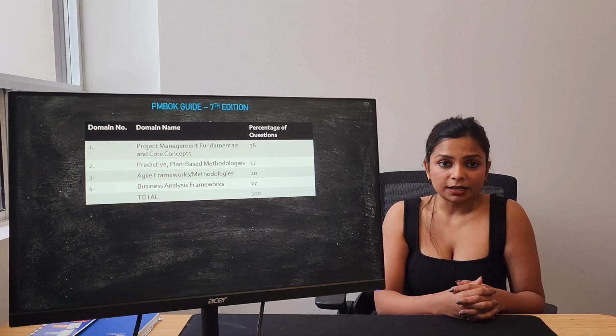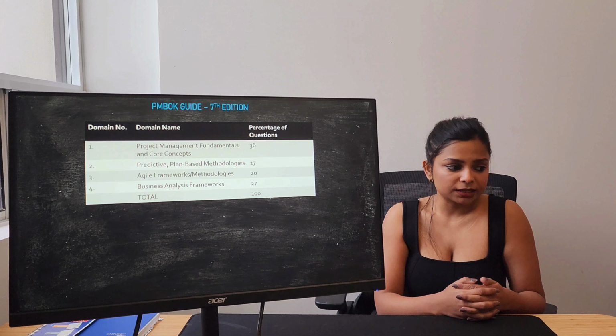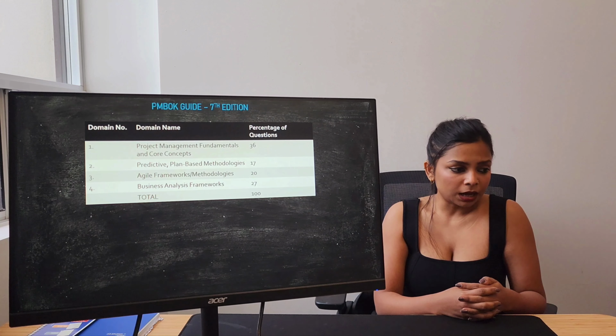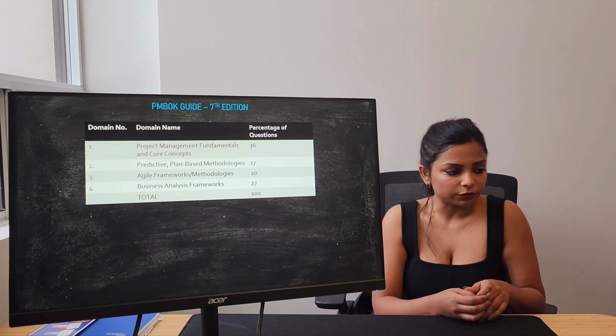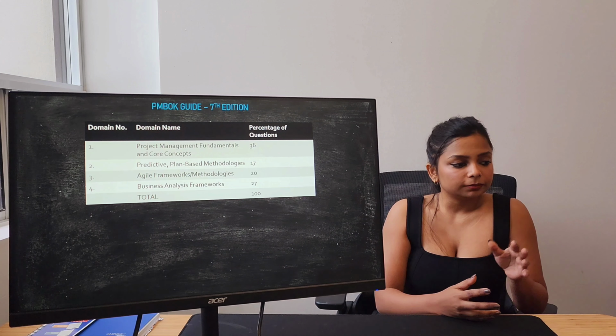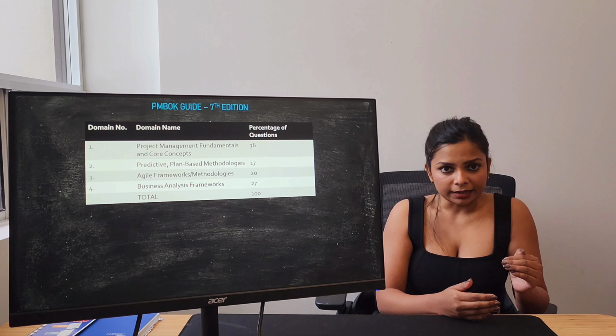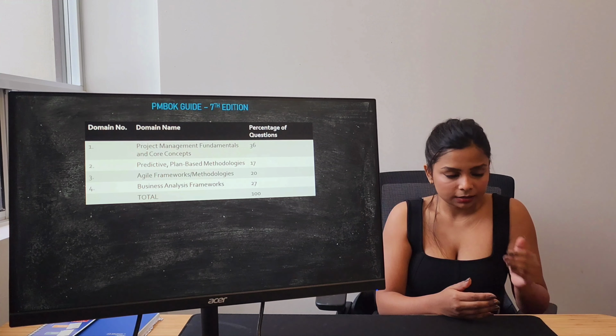Number 1 is project management fundamentals and core concepts. Number 2 is predictive plan-based methodologies, the third one is agile frameworks, and the last one is business analysis frameworks. Under each domain, there are a number of tasks.